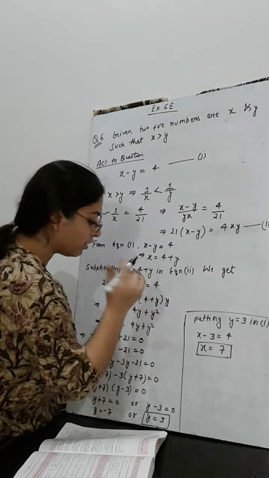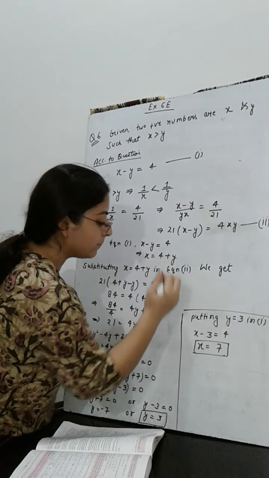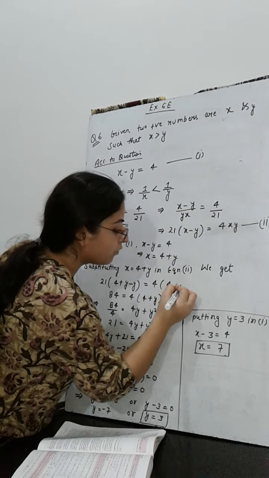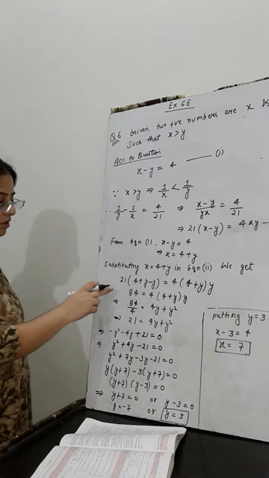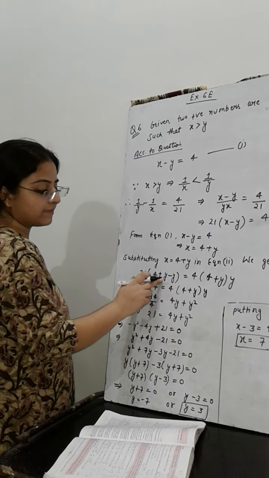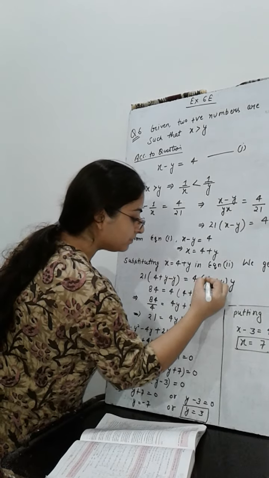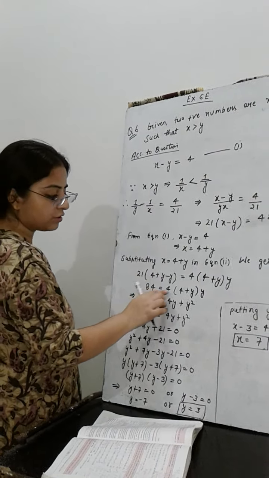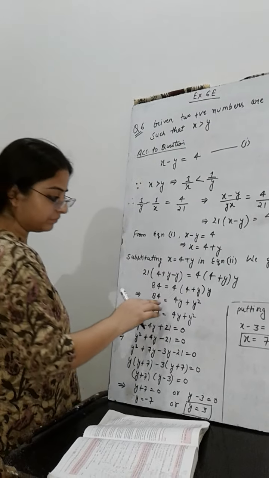In place of x here also we will put 4 plus y, and 4x and y was given here. So on solving it, y plus y and minus y will be cancelled, and then 4 into 21 we will get 84 equals 4 plus y into y.